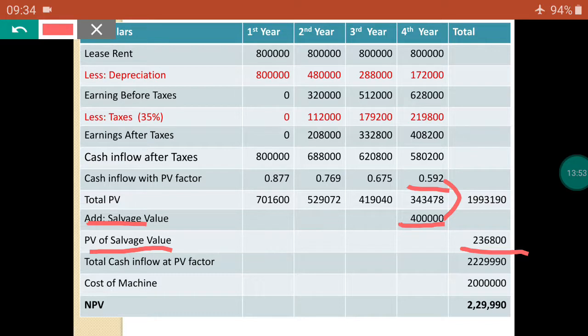After that, total cash inflow at PV factor. You should add 19 lakh 93,190 plus 2 lakh 36,800. You can get a total cash inflow at PV factor 22 lakh 29,990 rupees.